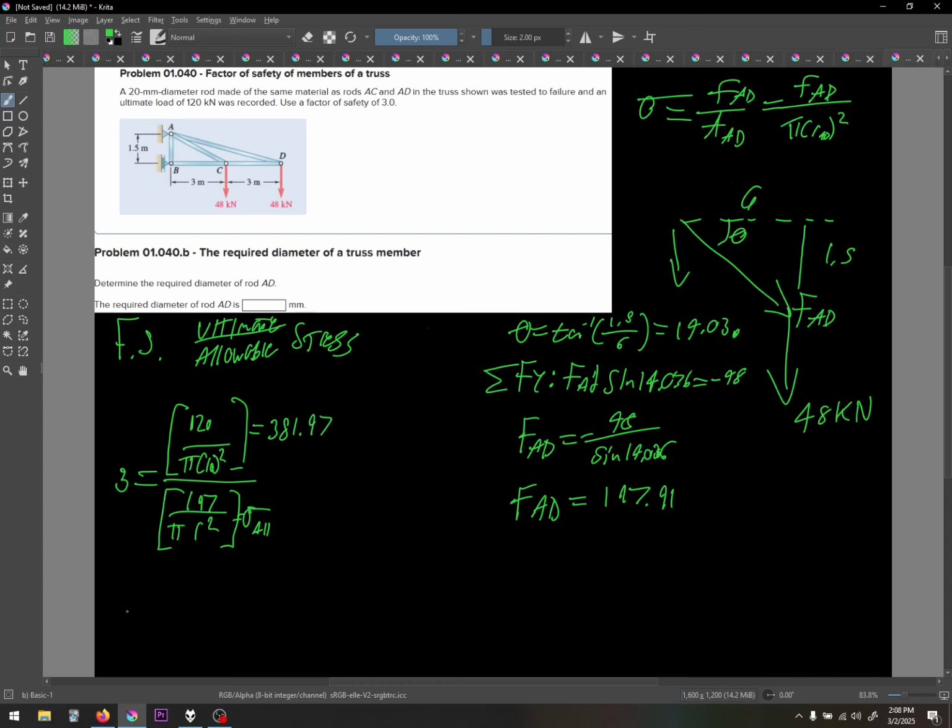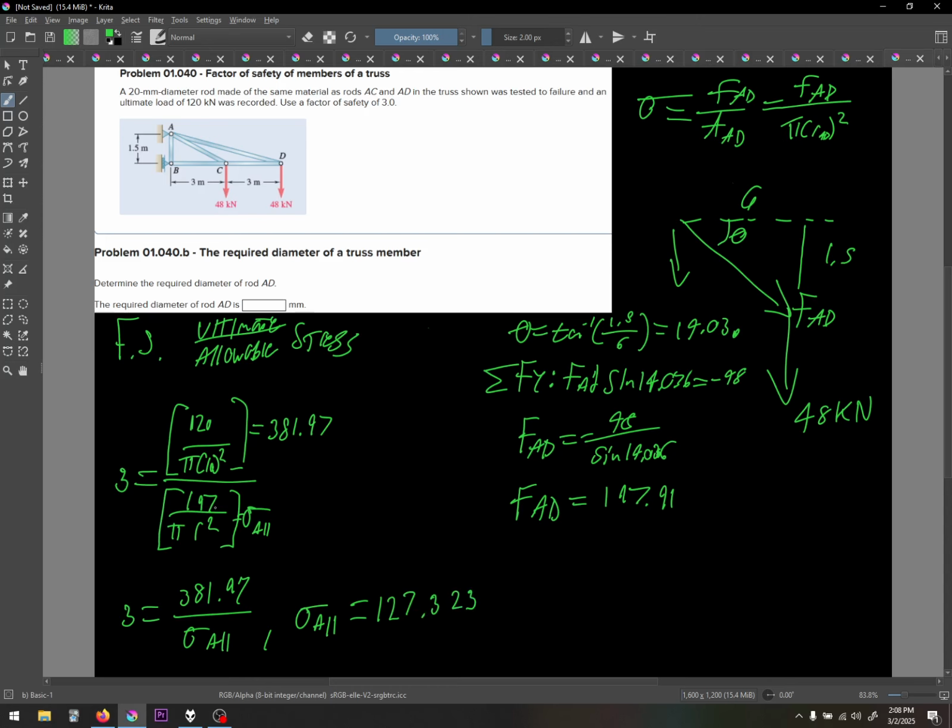So we see that 3 equals 381.97 over the stress allowable. This means that stress allowable is going to equal 381 divided by 3, which is equal to 127.323.